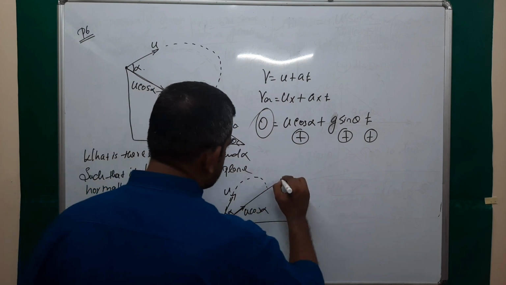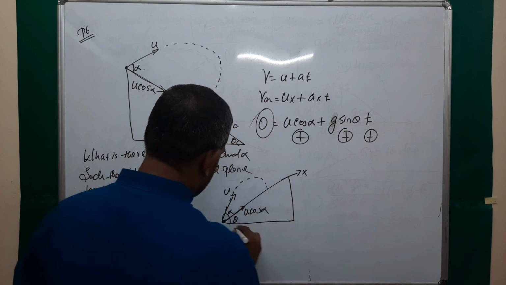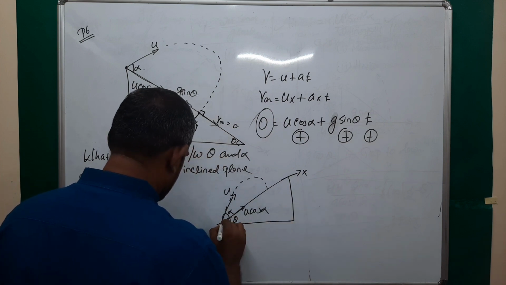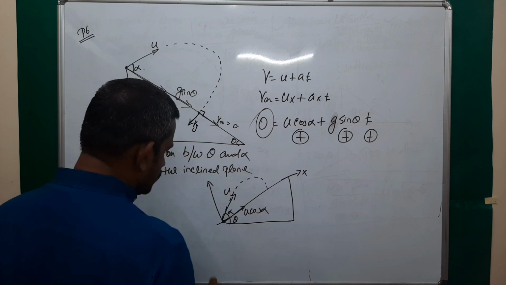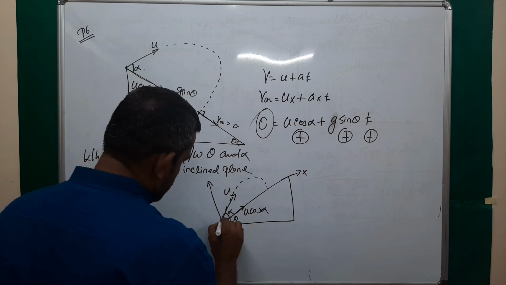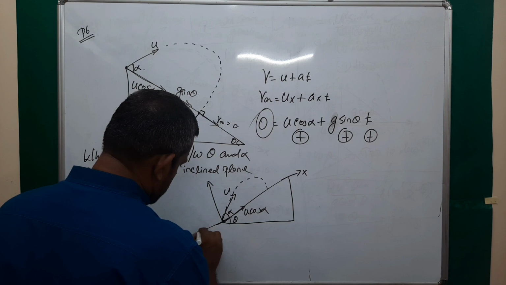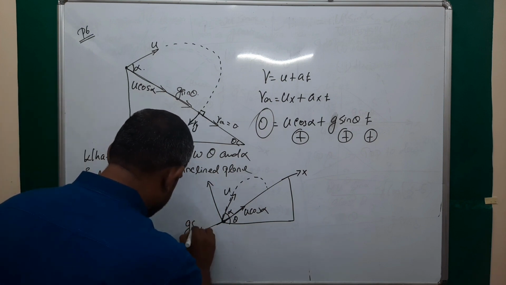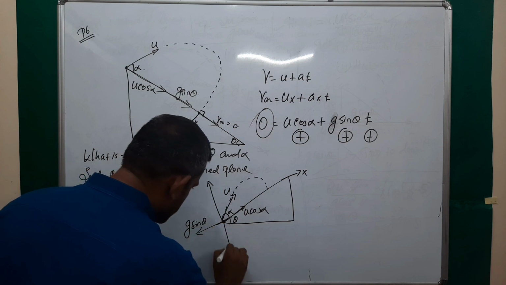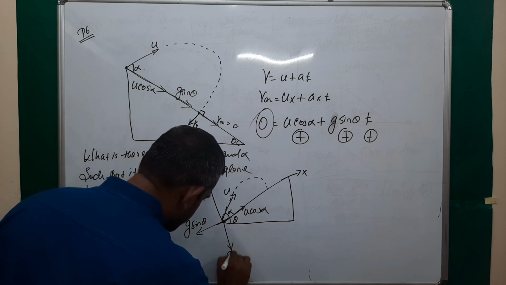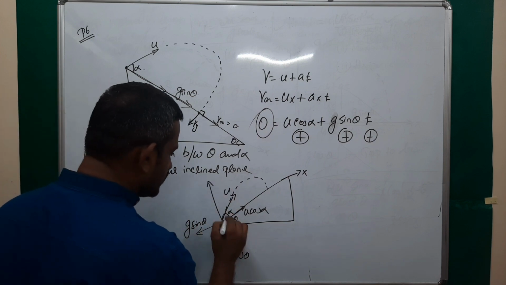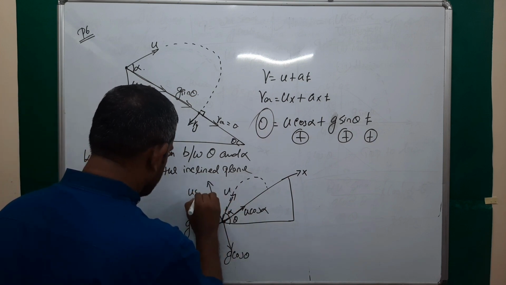This is the x-axis and this is the y-axis. g sin theta is acting in this direction, and this is g cos theta. This axis is u sin alpha.